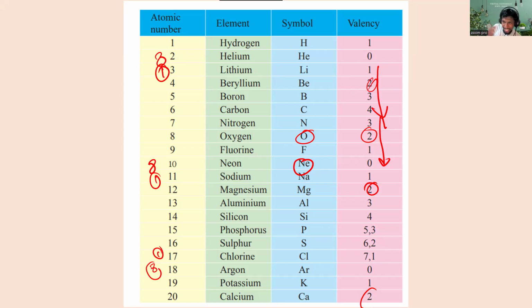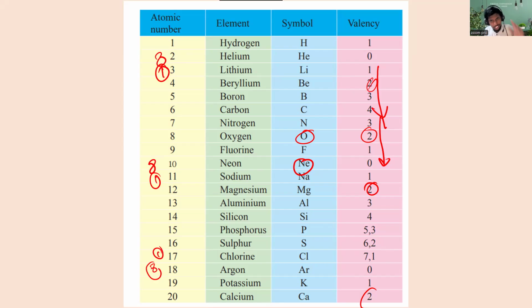Valency means how many electrons we are going to share to become stable. For example, calcium has 2 electrons in the outermost energy level. If it decides to make a bond, it will lose the 2 electrons to become 8.